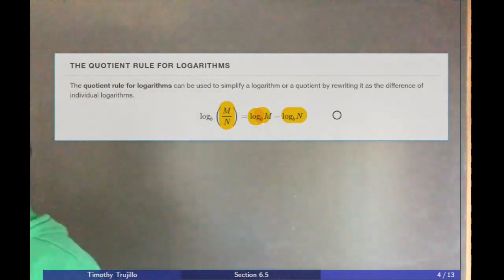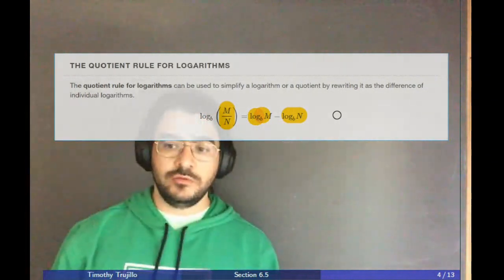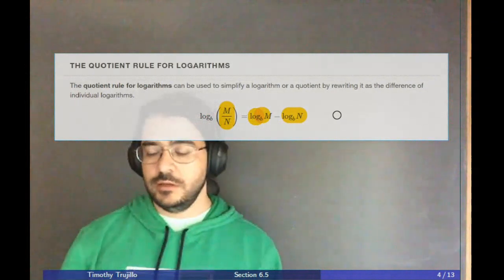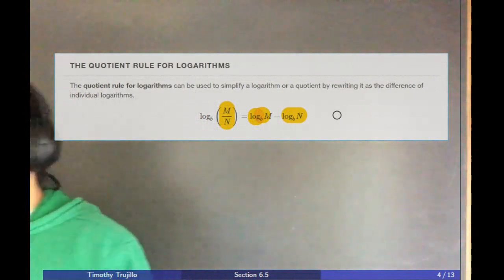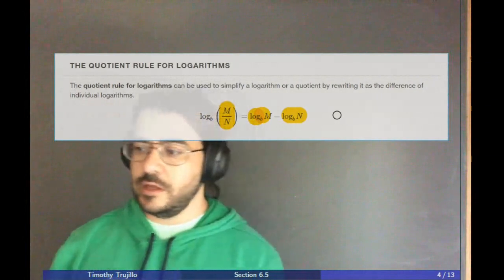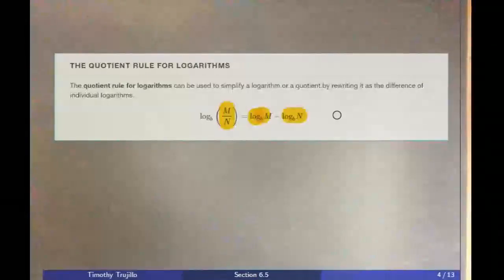If we're condensing a logarithmic expression, we're reducing the number of logarithms, so we'd go from the subtraction side to the division side. If we were expanding, we would write out as many logarithms as we could, so we would go from the left-hand side to the right-hand side. Each one of these equations has those properties.